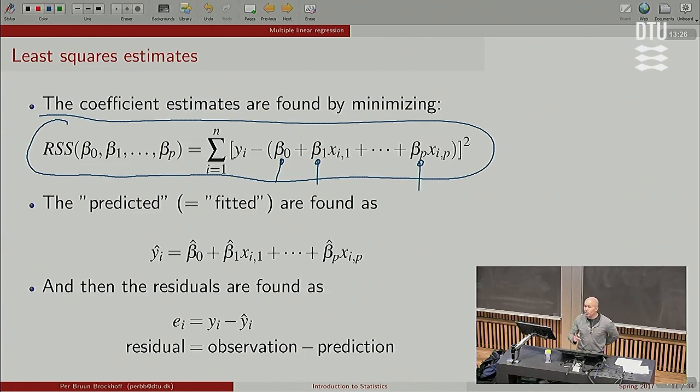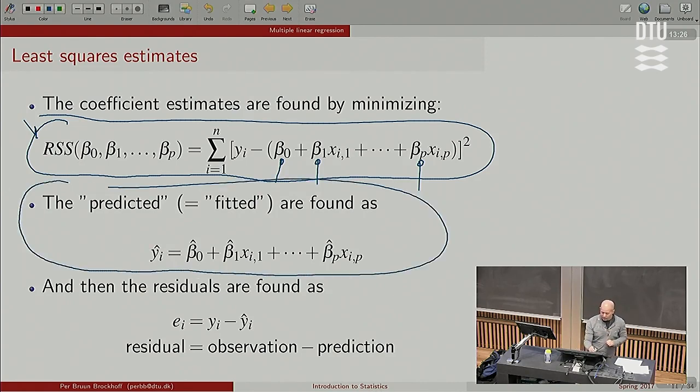And actually today we'll not even write out the solution formulas. Last week we wrote explicitly what the solutions for beta 0 and beta 1 were. Explicit and very simple formulas. Now they are not as simple, generally speaking, so we don't even write them out. What we do is let the computer find the beta coefficients for us. Then the computer can also easily extract the plane values, the predicted or fitted values.